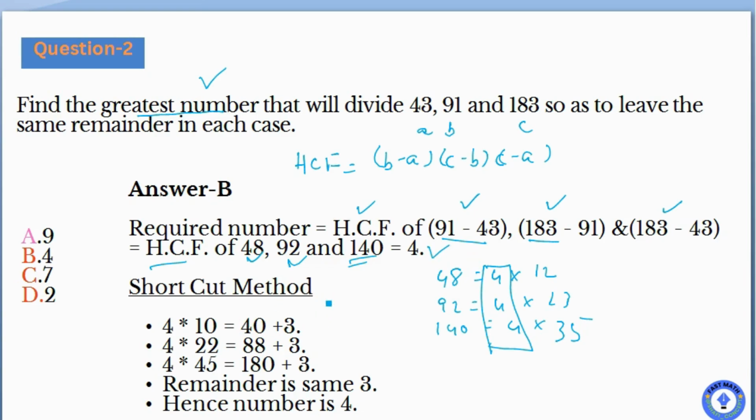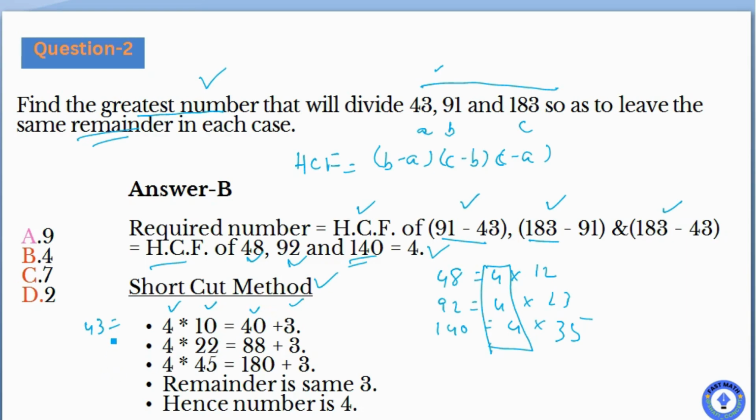Let's move to the shortest way of doing the method. The numbers given are 43, 91 and 183. As per the problem, it should have the same remainder. Let us write the numbers in factor form so that they have the same remainder. 43 is equivalent to 4 into 10 plus remainder 3.